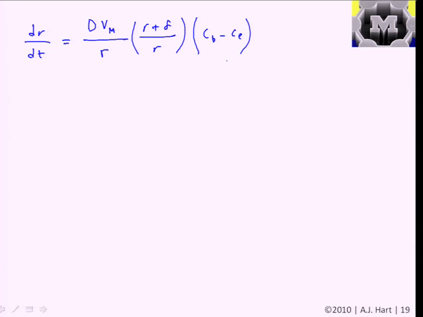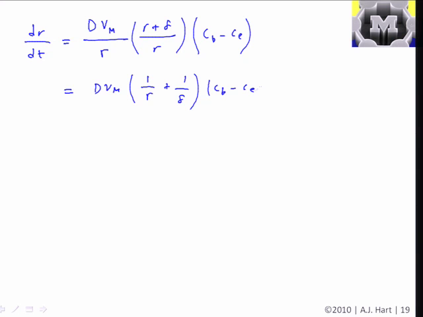And we can just divide this by r and bring in the r from the outside and get that this is equal to 1 over r plus 1 over delta multiplied by CB minus CE.